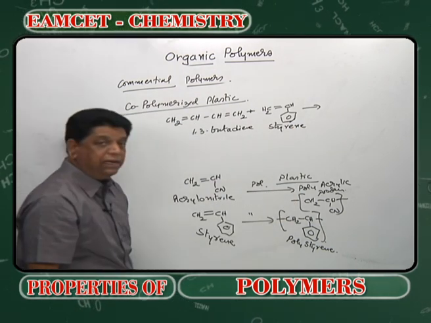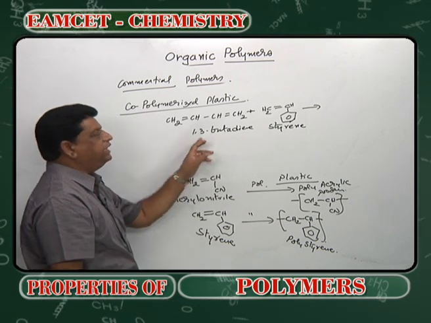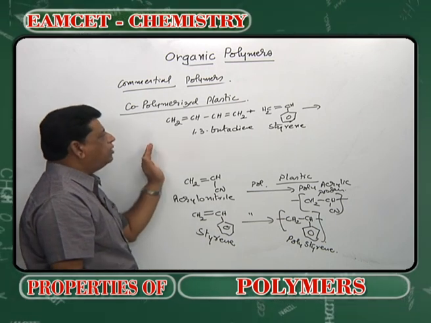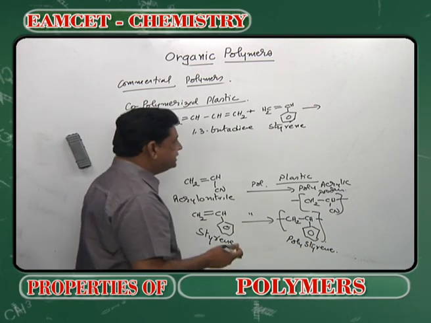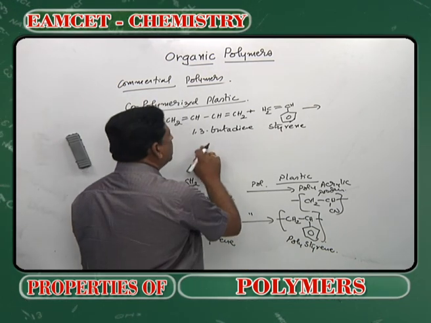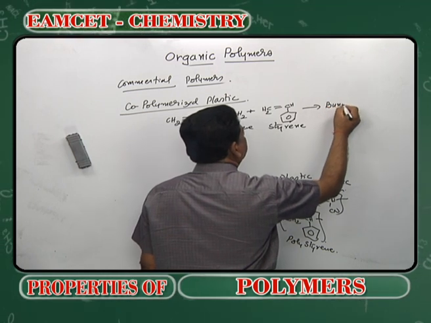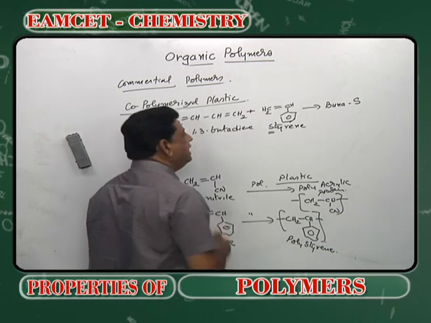That is called bulk type of copolymerization. But depending upon the compatibility of the two molecules, sometimes exactly one molecule of this, one of that, the beautiful copolymerization takes place. You will get a Buna S. The capital S stands for the styrene here.